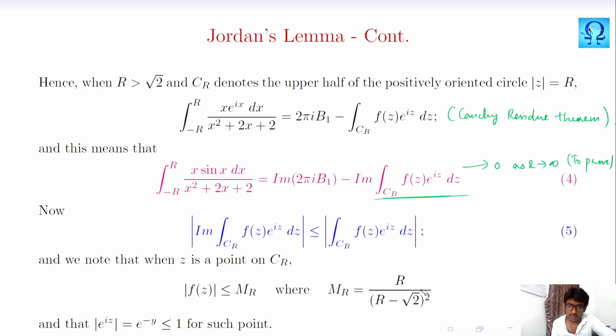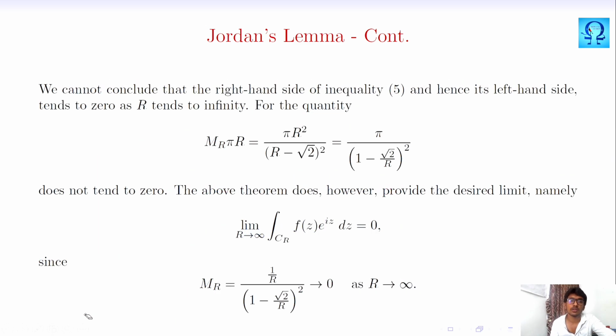Here you cannot directly say that when R goes to infinity this quantity is 0. That is not possible, just because you have this one associated with it. So we should do something else.